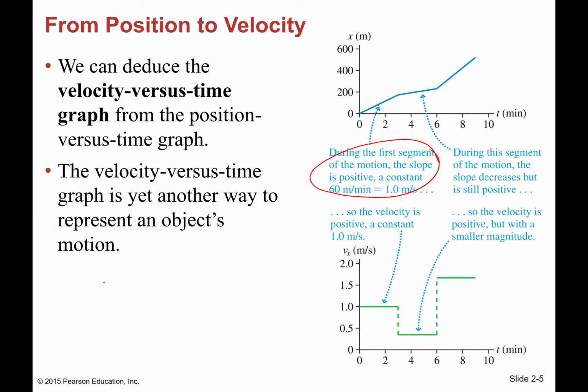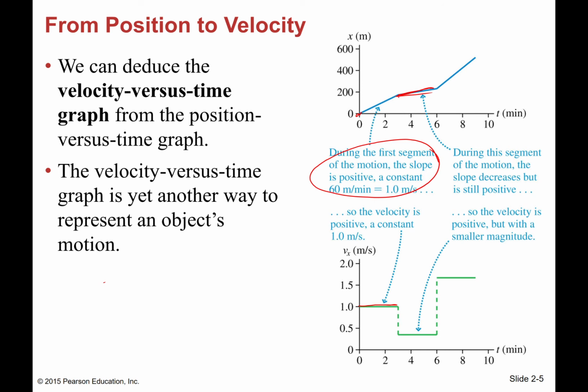So we need to calculate the velocity for this segment. The velocity is going to be constant from this point to about 3 minutes. That is the velocity corresponding to this segment, and that is 1 meter per second. Then here it goes lower, right? You can see that the slope is less inclined than this, so it goes lower.